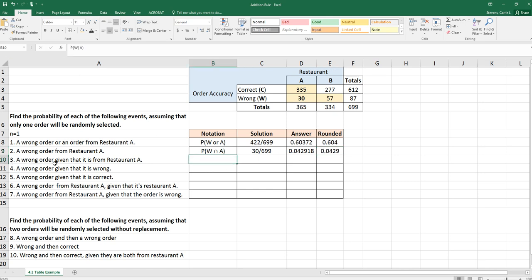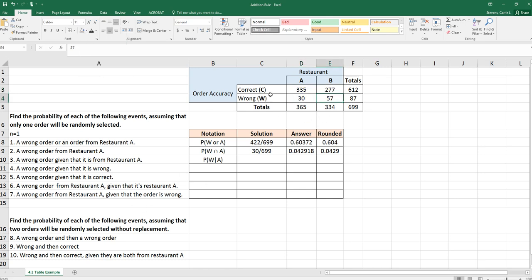Number 3, a wrong order given that it is from restaurant A. So we're starting off with the given assumption that this order is from restaurant A. Okay, what does that look like in notation? Wrong given A. Okay, now let's think through this. So I'm going to undo the formatting here.